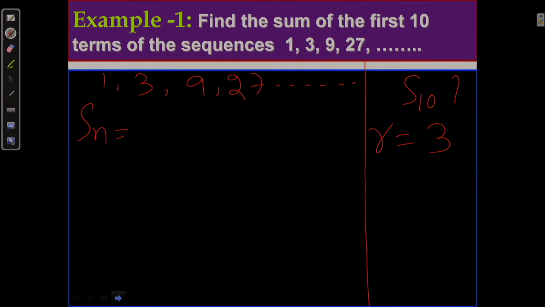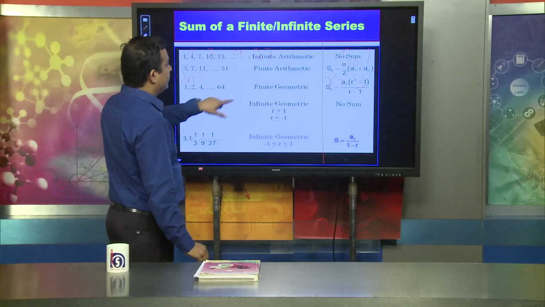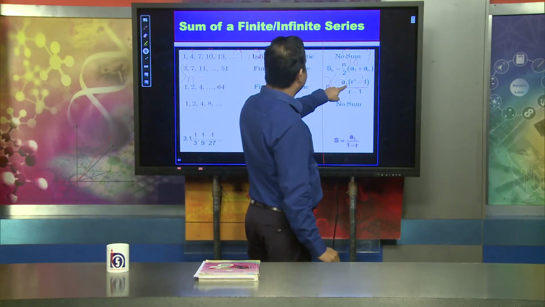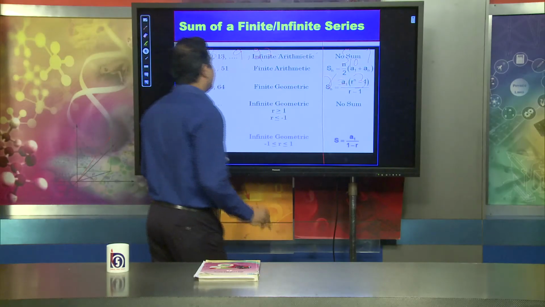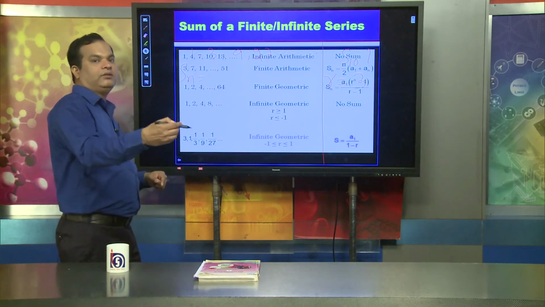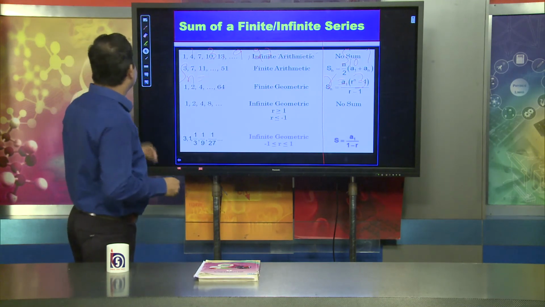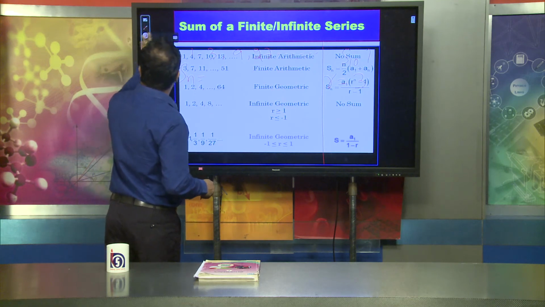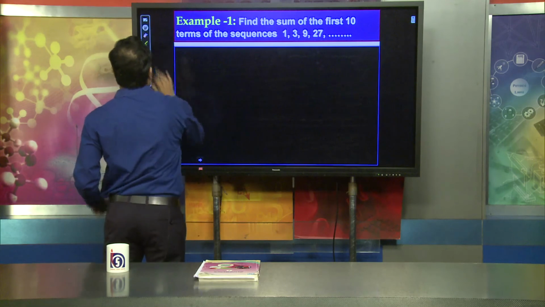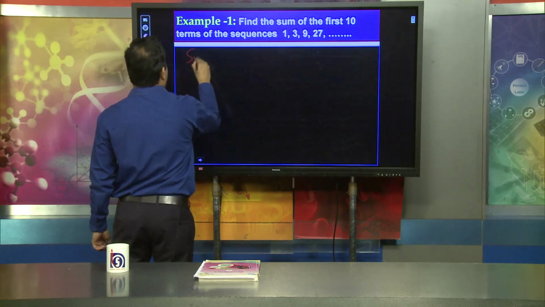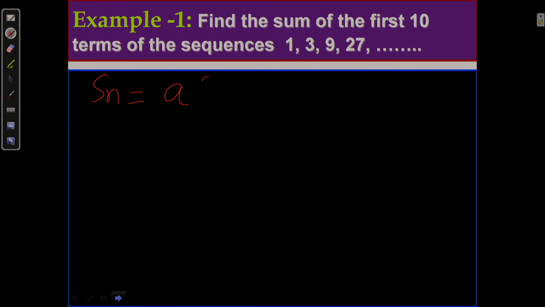That formula is a1 into (r^n minus 1) by (r minus 1), or a into (r^n minus 1) divided by (r minus 1). That formula we must use. Dear learners, just see, the formula is Sn equal to a into (r^n minus 1) divided by (r minus 1).